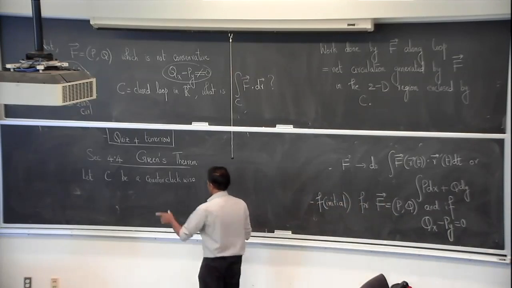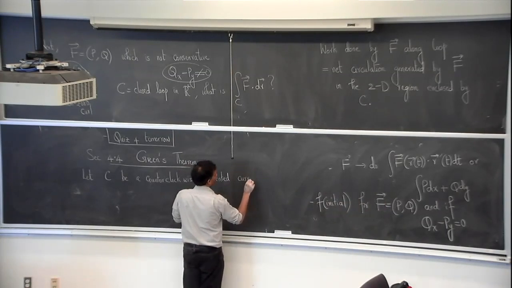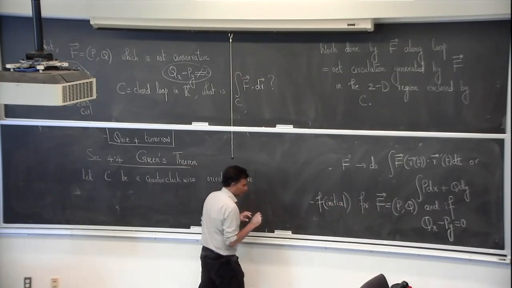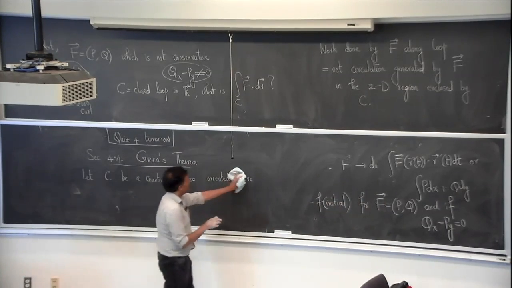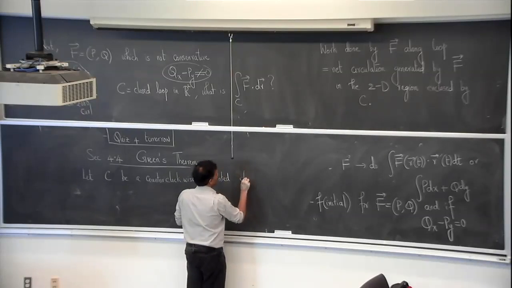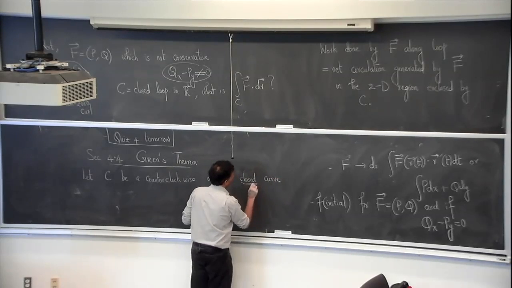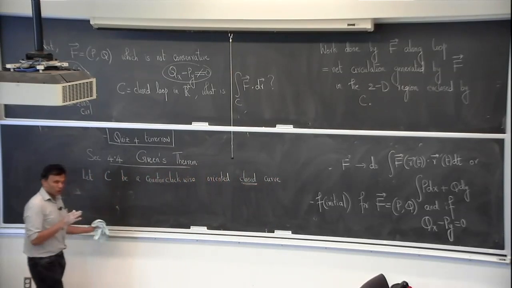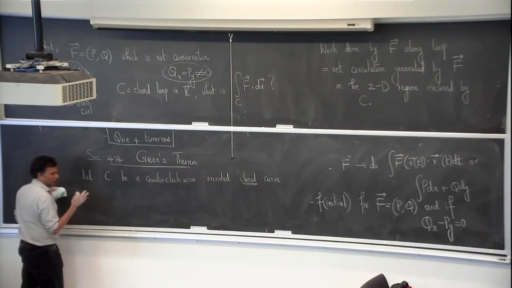So let C be a counterclockwise oriented curve. I missed the key word, closed curve. If it's not closed, that's a different story. So don't abandon it, but at least we have to do something extra.